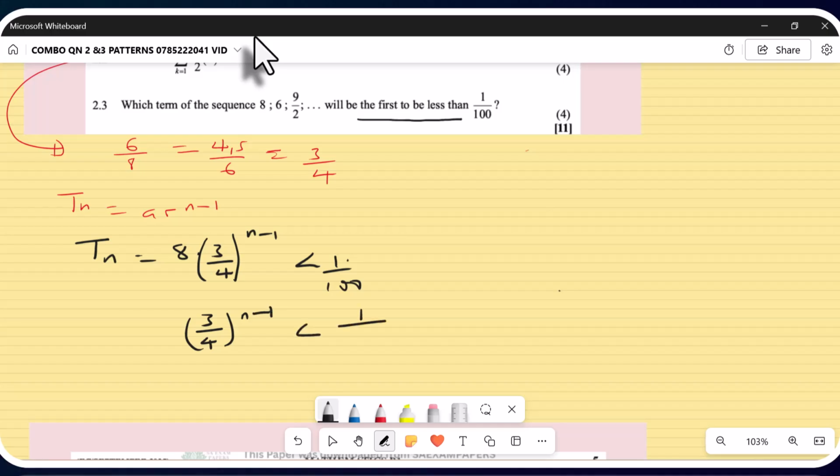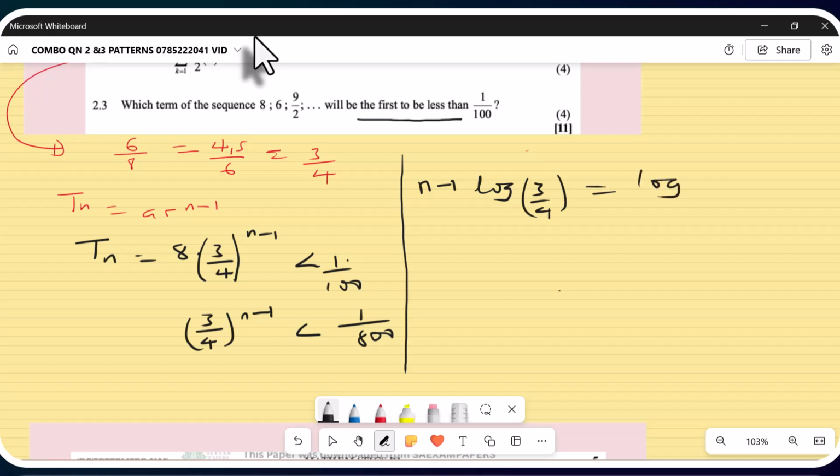So now if we take log to base 10, we get (n-1) times log of 3/4 equals log of 1/800.